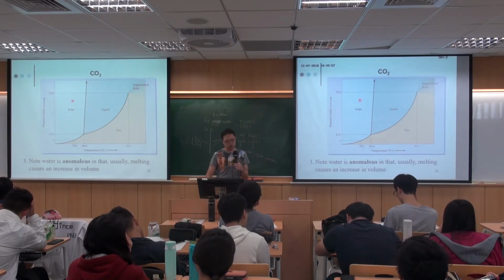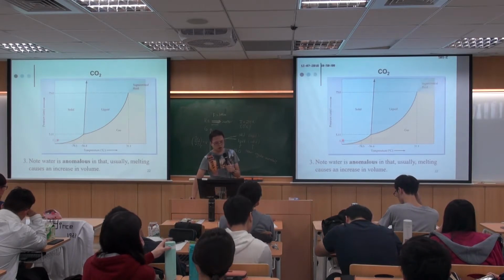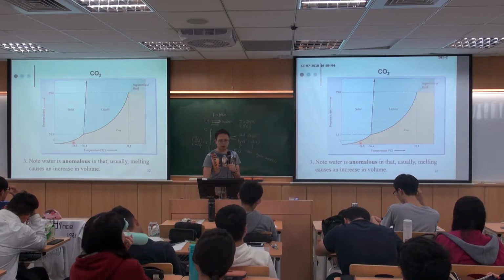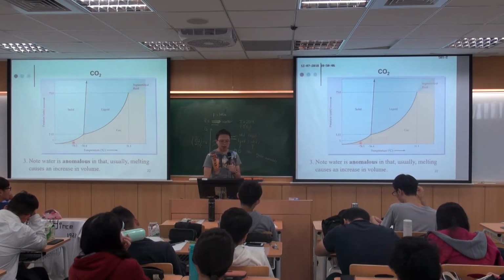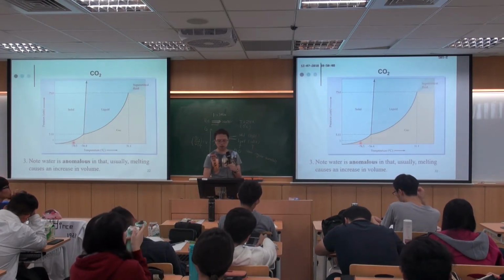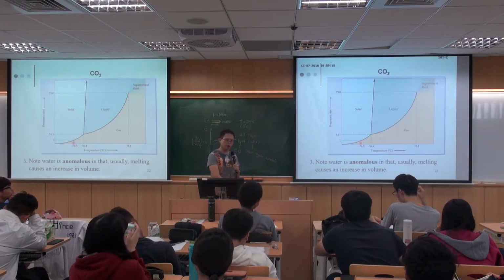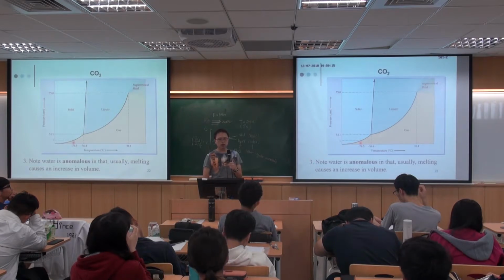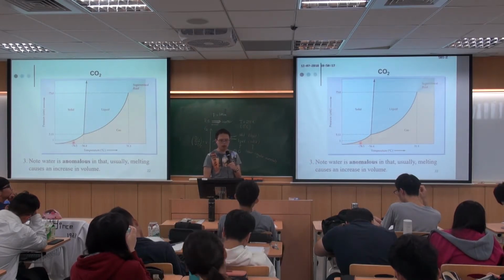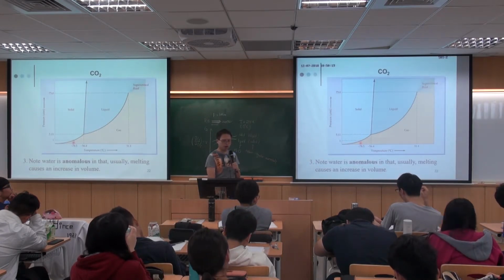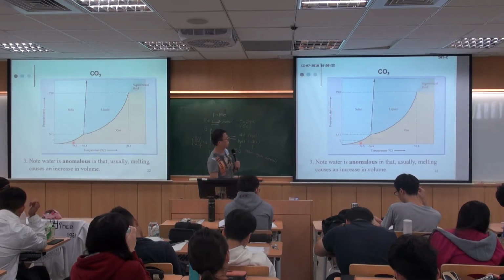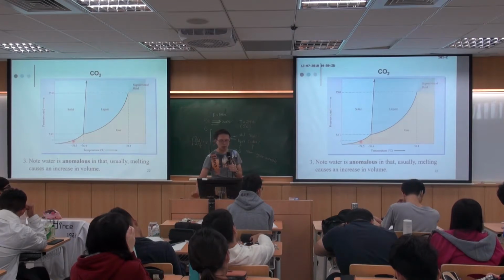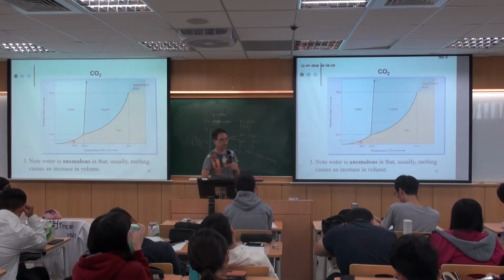But of course, at regular pressure and temperature, we're over here. From common sense, solid carbon dioxide is so-called dry ice. If you take it out at room temperature and regular atmospheric pressure, it will go through a sublimation process and become gas directly.